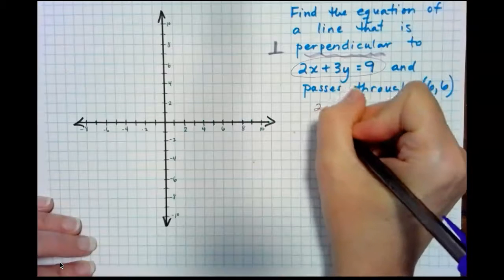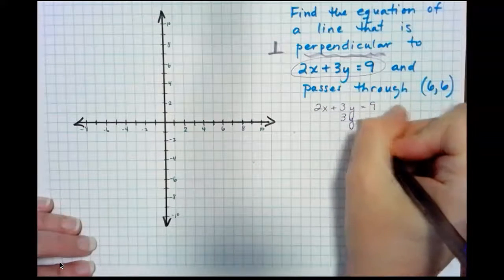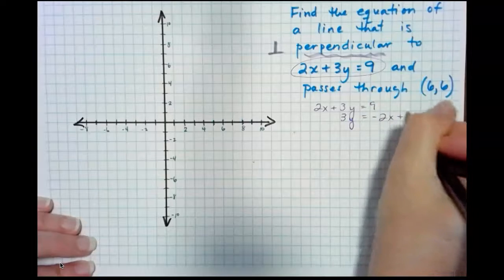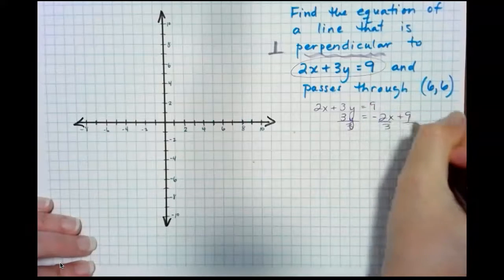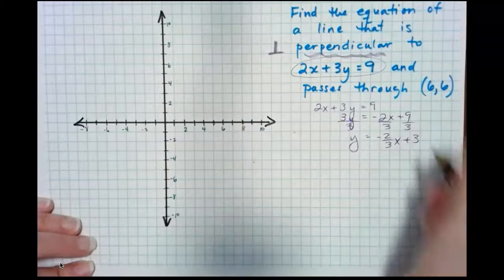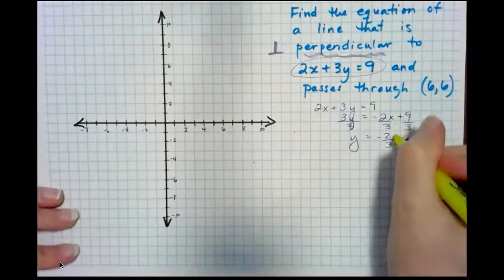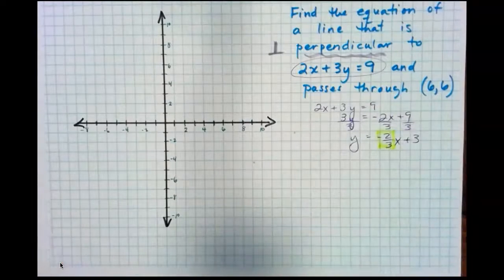So let's take the given equation and solve it for y and find the slope. So the given equation has a slope of -2/3.